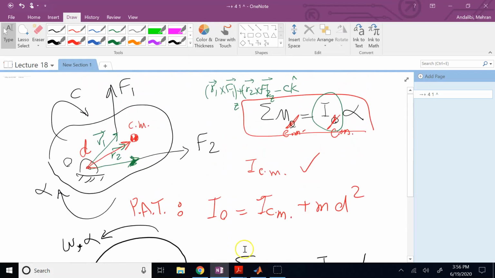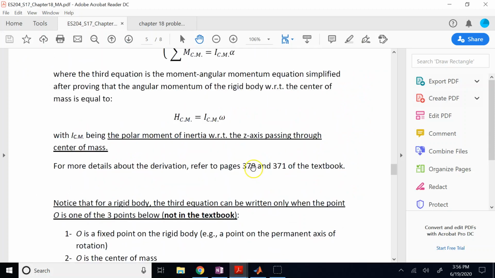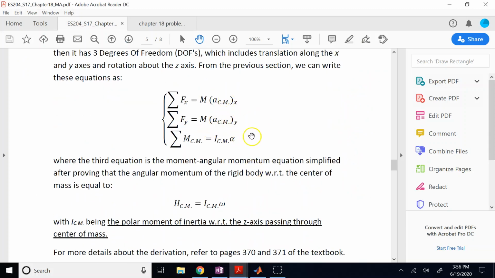Ultimately, from these three equations, we have to start solving for A and alpha and so on, or if we can somehow find A and alpha, we have to solve for probably unknown forces. And which one do you typically start with? You typically start with the one that has the minimal number of unknowns. That is the easier one to solve. Ideally, since each is one equation, you will want to always attack the one with one unknown.